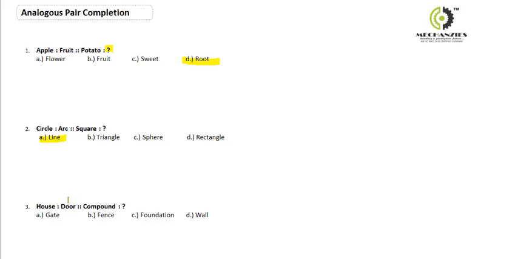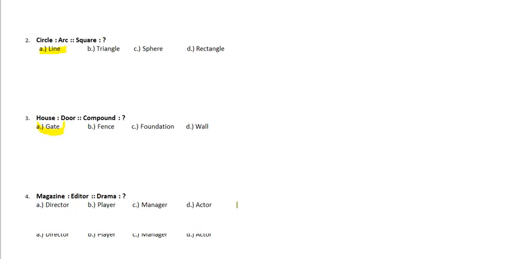Similarly, for the next question, door and house, compound, and here it is missing. So if we see here, house has a door and compound has a gate, the opening gate.